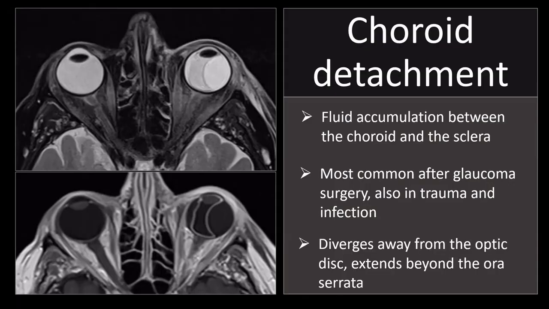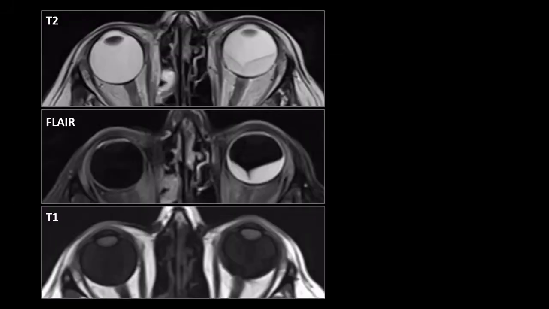And in a choroid detachment, there is divergence away from the optic disc, so it does not converge all the way to the optic disc, but it also extends beyond the ora serrata, making the distinction with retinal detachment actually quite easy. This is a patient with a traumatic choroid detachment, and we see that there's a fluid-filled space underneath the choroid filled with dense hematoma.